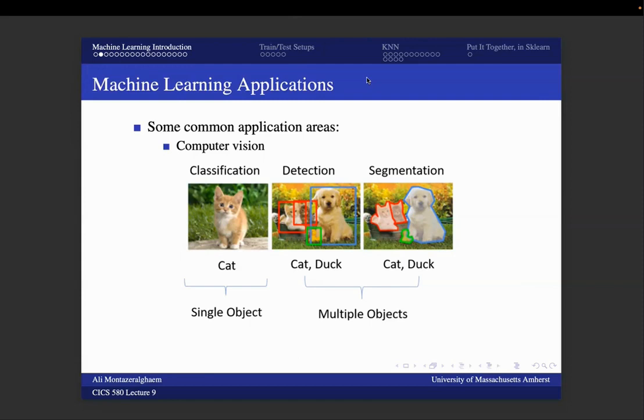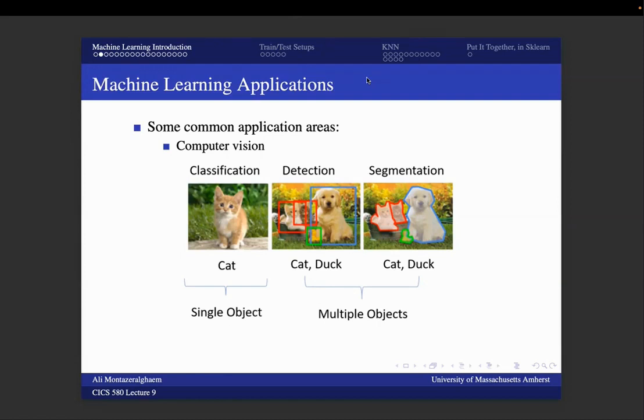For example, here we have an image of a cat, and the label is cat, and the machine, after seeing this image, should say that okay, this image is a cat or dog. So this is the first task in computer vision.